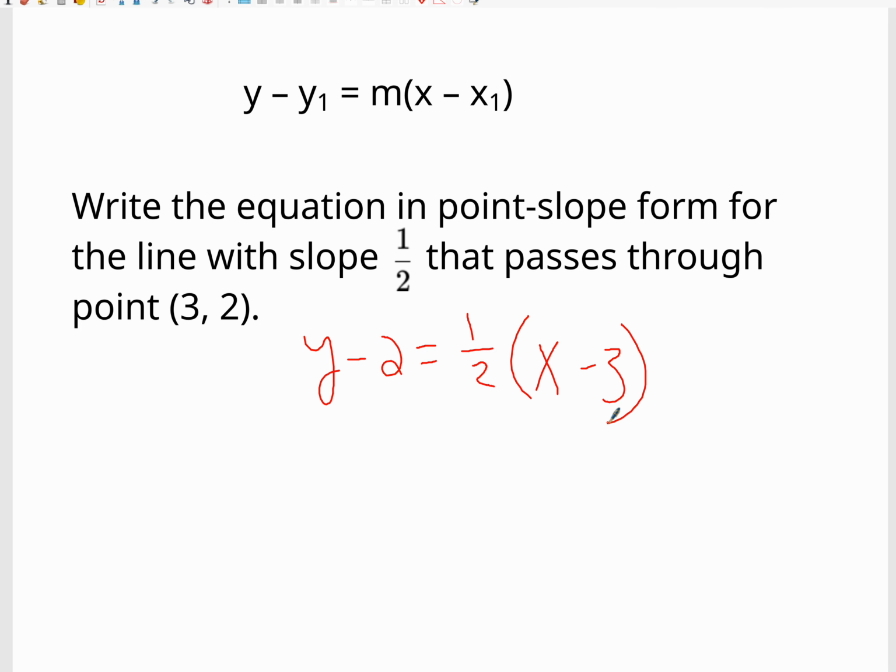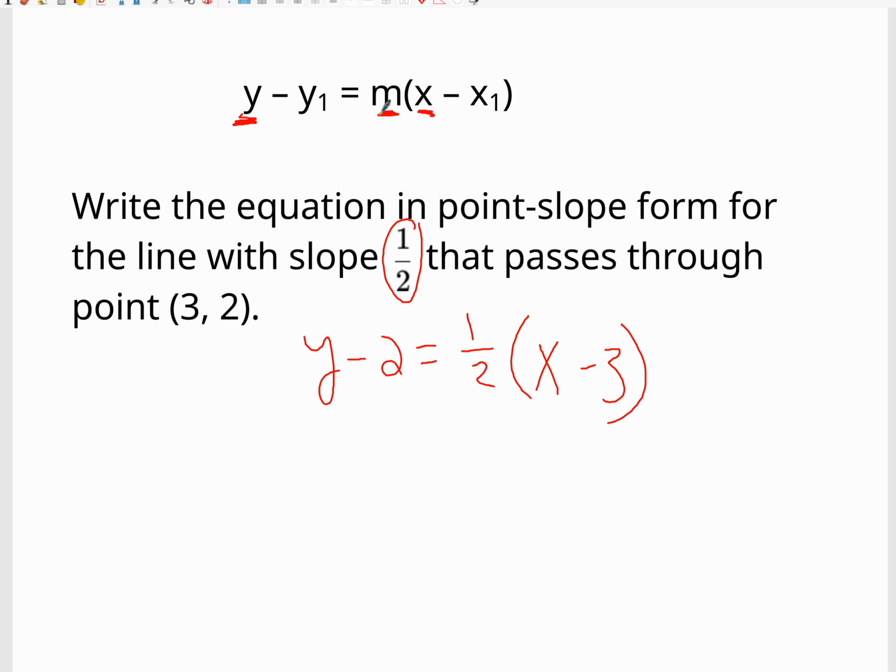We're going to leave the y as part of our formula, the x is part of our formula, as we're used to having. Slope-intercept has a y and an x in it, right? We know what the slope is because we're told the slope, that's 1/2, so it goes in for m, and then the y1 and x1 are taken from our ordered pair that we're given. So that's perfect.